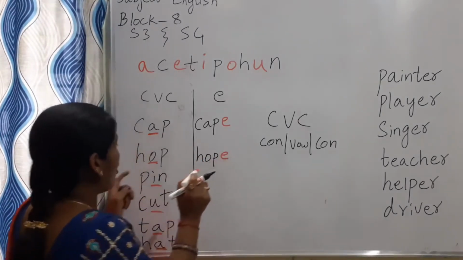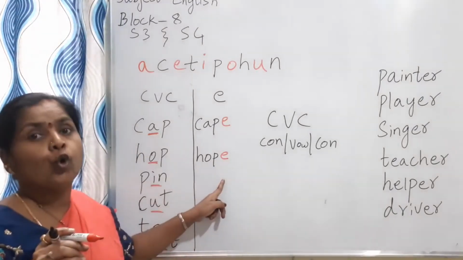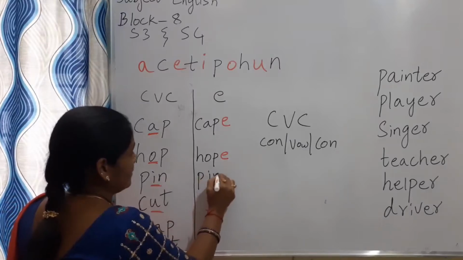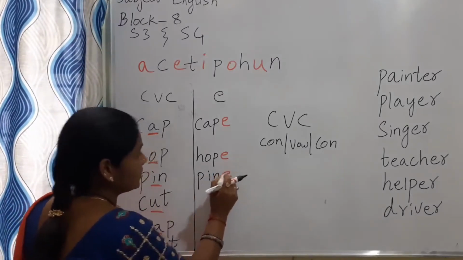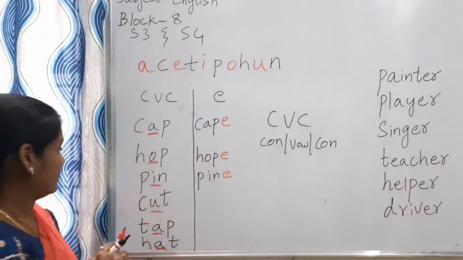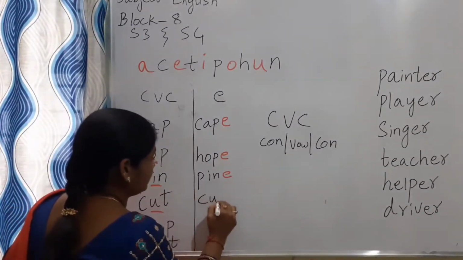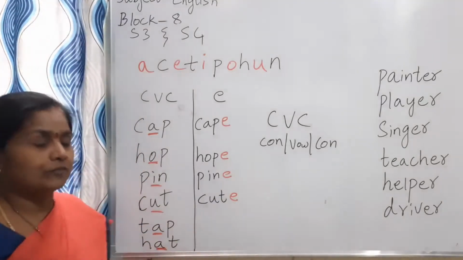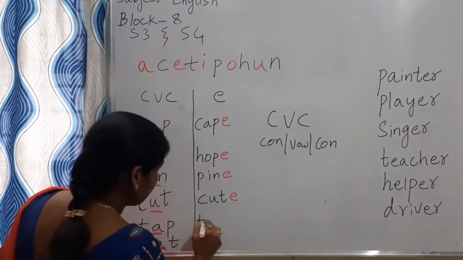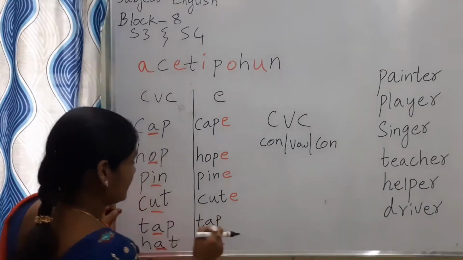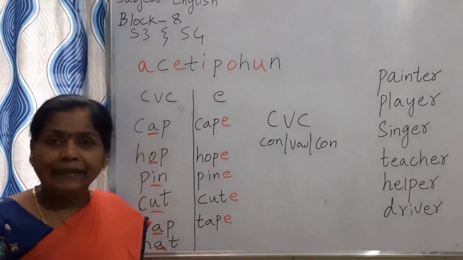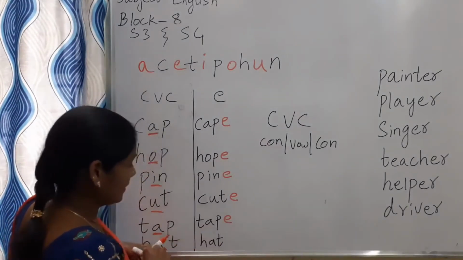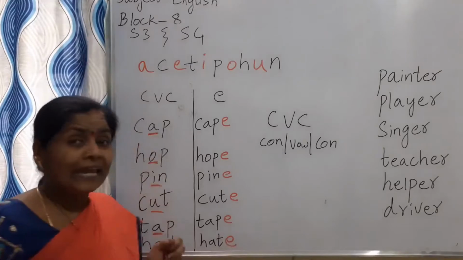E. Here it is changing to hope. Pin. If I add E, it changes to pine. Cut. If I add E, it changes to cute. Again, tap. When I add E, it changes to tape. Hat. If I add E, it changes to hate.